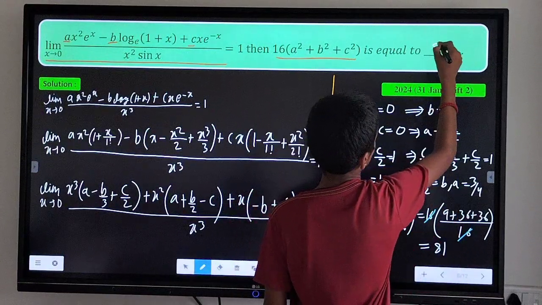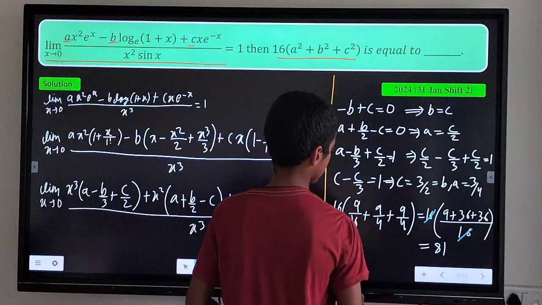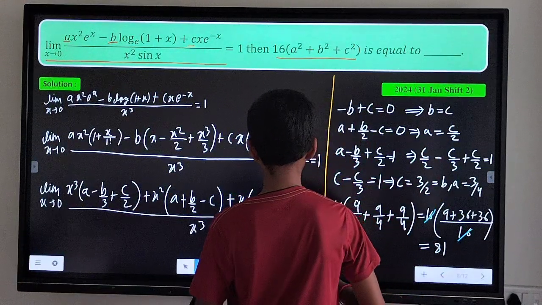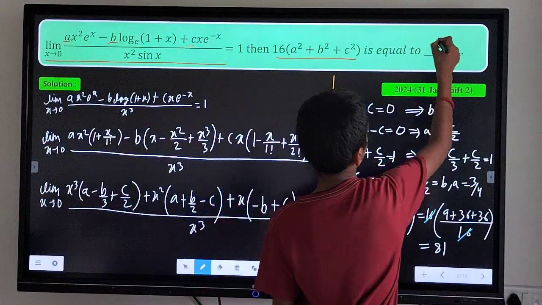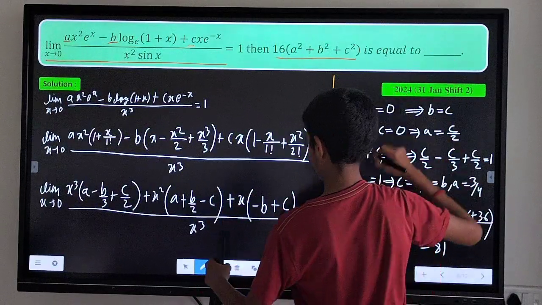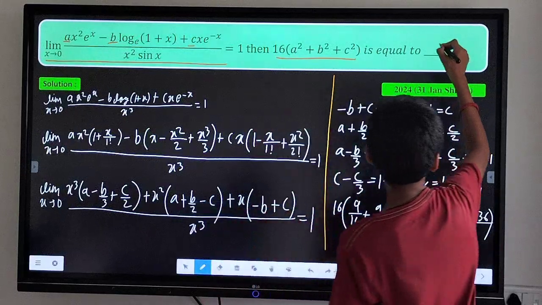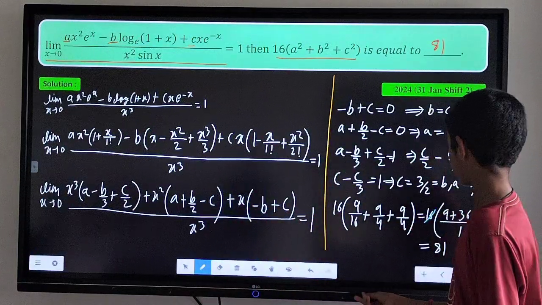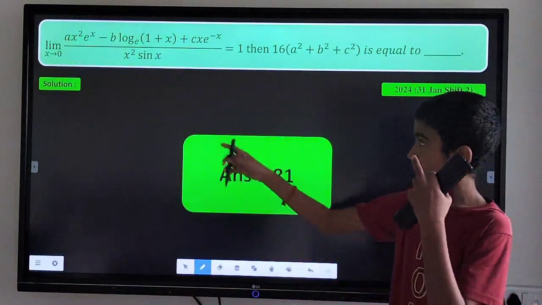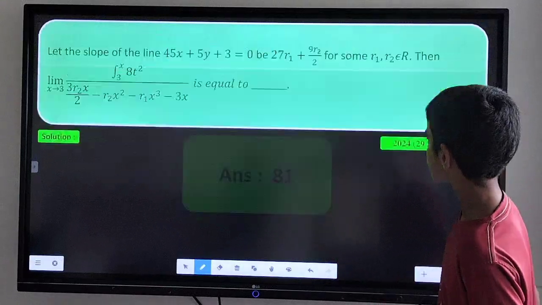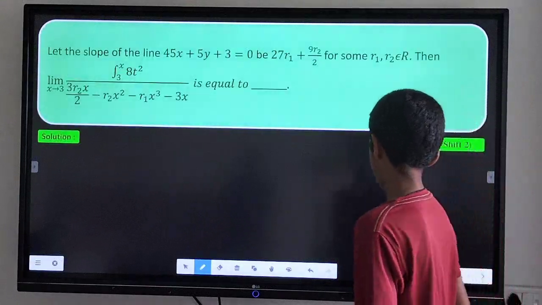So our answer is equal to 81. And here is the solution page and you can see that our answer is correct. So here is our next question.